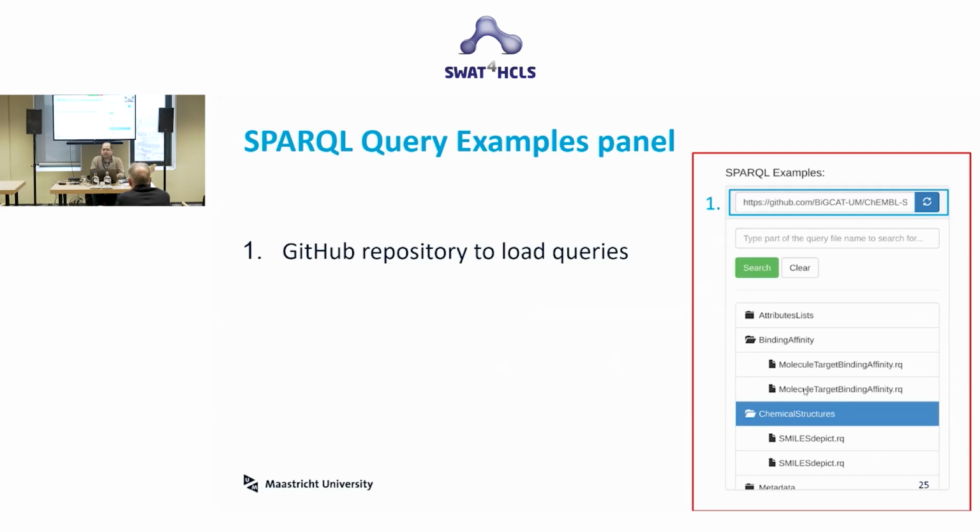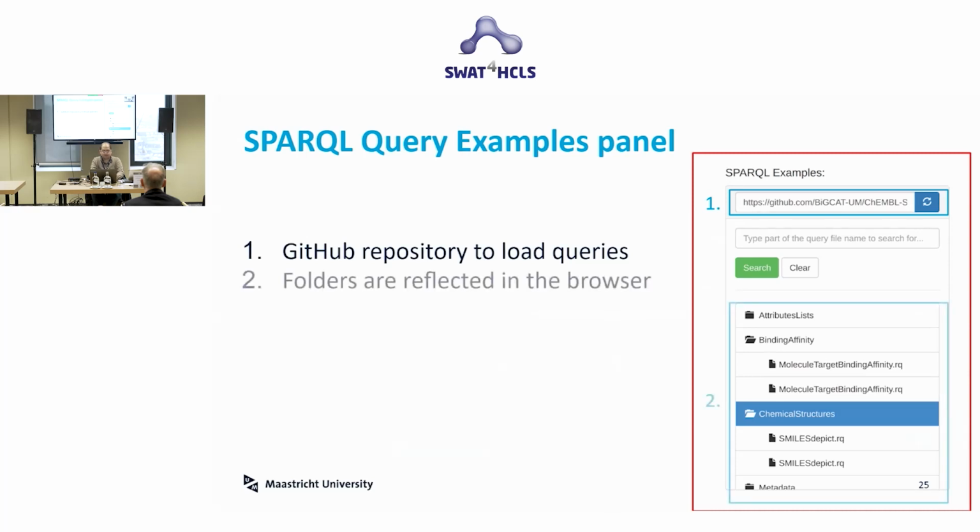So you may want to ask many queries against a specific resource like Kimball, and you want to keep those queries saved somewhere. With this feature, you can organize your queries in folders in a GitHub repository, and just pasting the URL of that GitHub repository, you will get those queries available to use in the Kimball query interface.